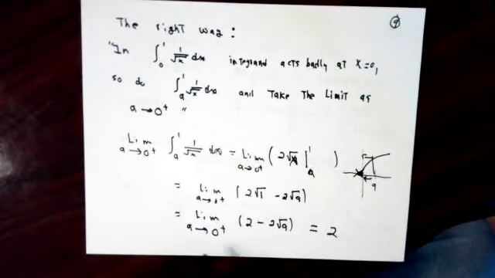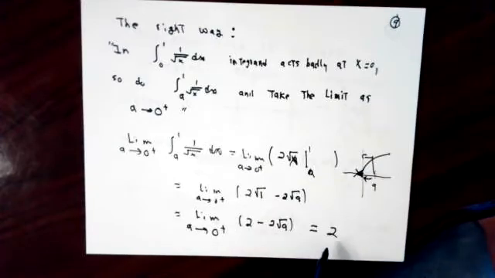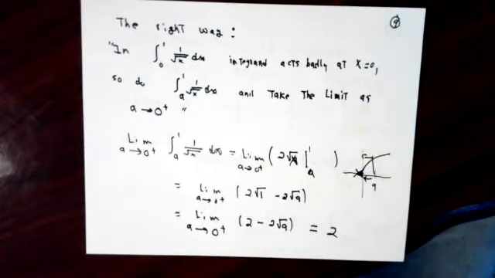The limit as a tends to 0 from the positive side of 2 times square root of a is 0. So the whole limit exists and is 2 minus 0, which is 2. This is the same answer I got when I pretended that there was no issue.